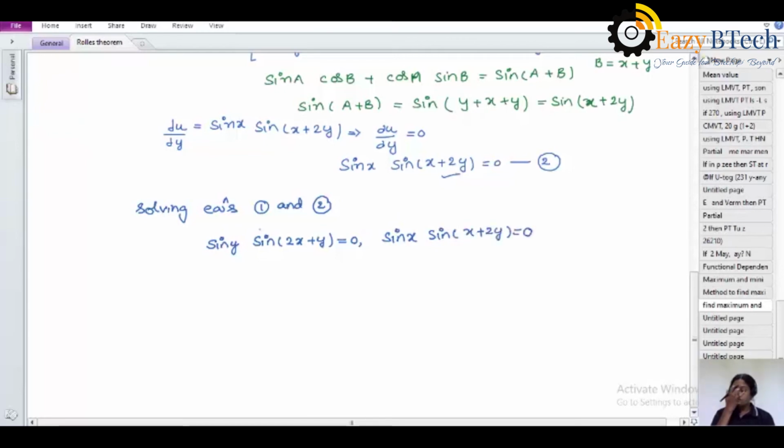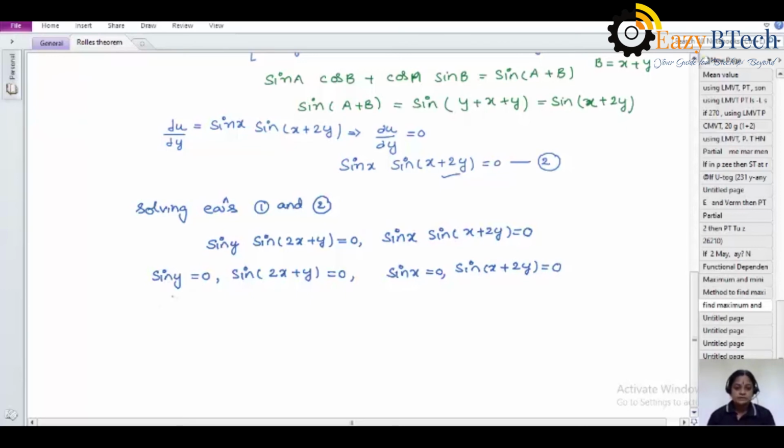So product terms are equal to 0 here, then equating each product term to 0, that is sin y is equal to 0, sin(2x+y) is equal to 0, and sin x is equal to 0, and sin(x+2y) is equal to 0.